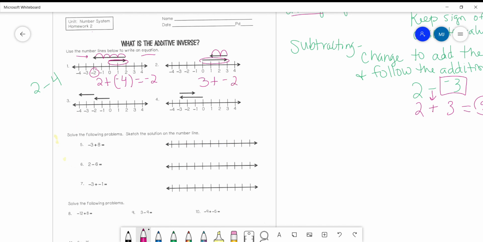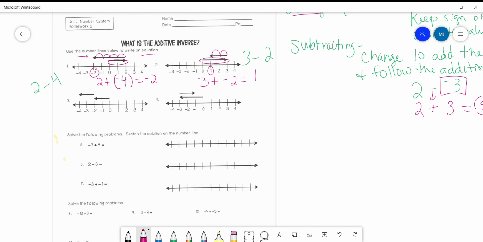So if we're doing it as an addition problem, it would be 3 plus negative 2. And the answer would be 1. If we wanted to do that as subtraction, that would be 3 minus 2. 3 minus 2 is 1.